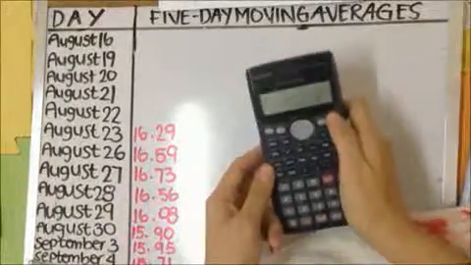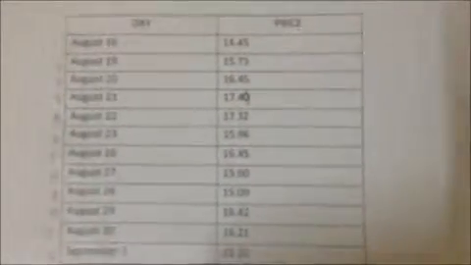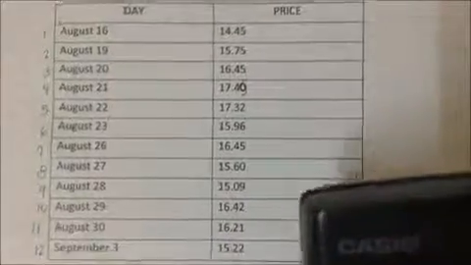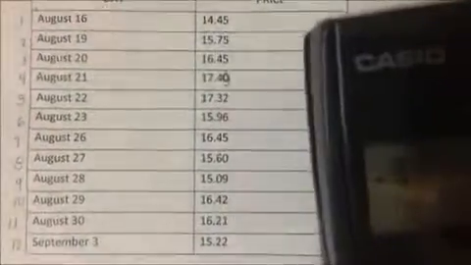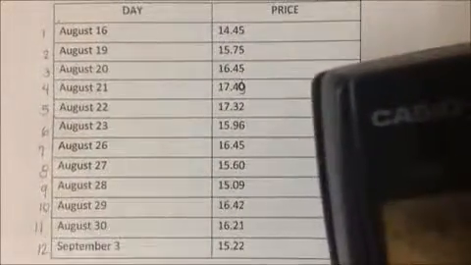And then the second one starts from number 2. So 15.75 plus 16.45 plus 17.49 plus 17.32 plus 15.96 and then divide it by 5.